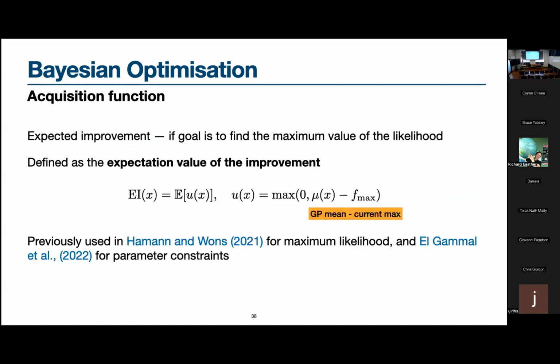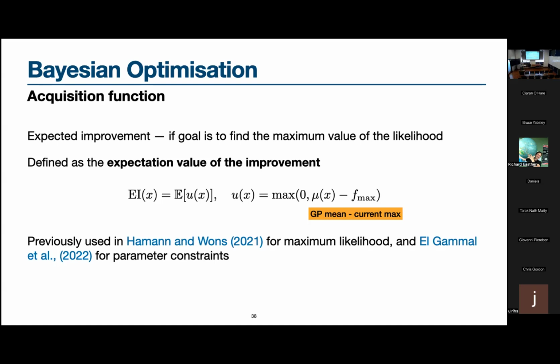So, for instance, if your goal is to try to find the maximum value of your likelihood, so finding a maximum likelihood, you might turn to the commonly used expected improvement acquisition function, which literally means the expectation value of the improvement over the current best value that has been observed in your training data.